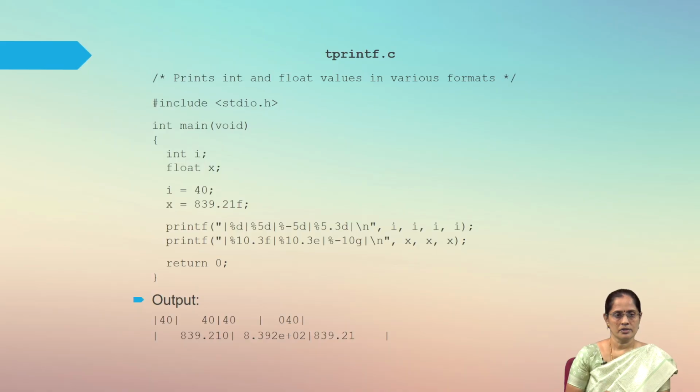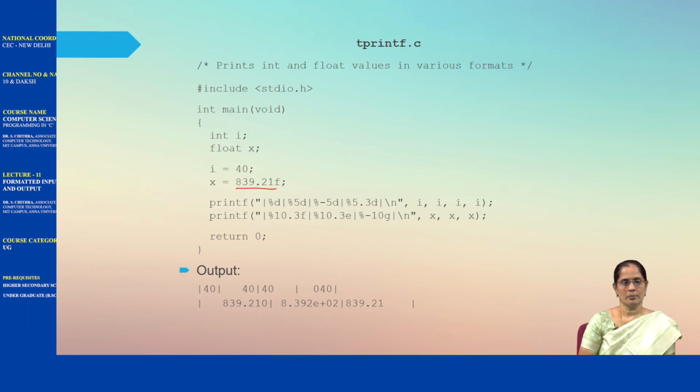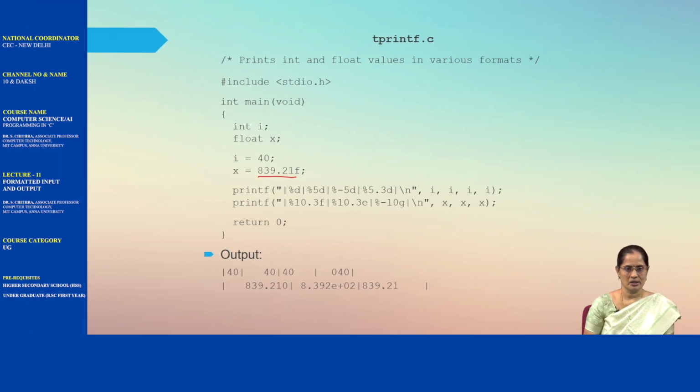We will take one small example. Here we are assigning integer value 40 to I, and there is one floating point value 839.21 to the variable x. Now, we will change the print format in various ways. We will explore how the output is getting displayed. So, I use %d, I use %5d which uses m value to be 5.